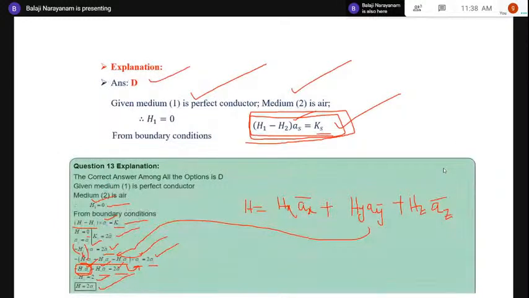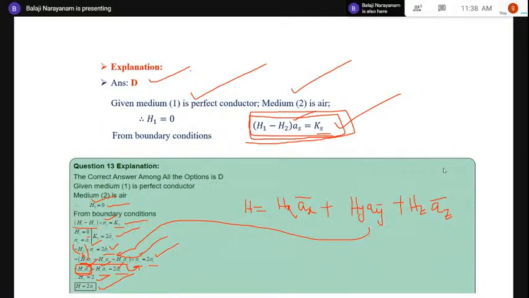So you have to be thorough with the important concepts like boundary conditions, method of images, all these. If an easy problem comes, like curl of A is asked straight away, your job is very easy.